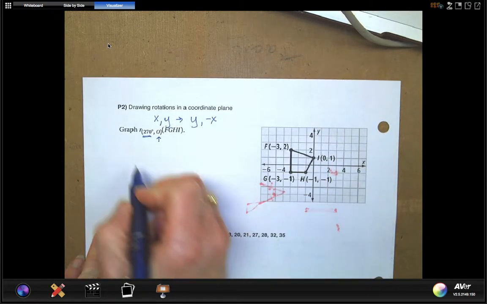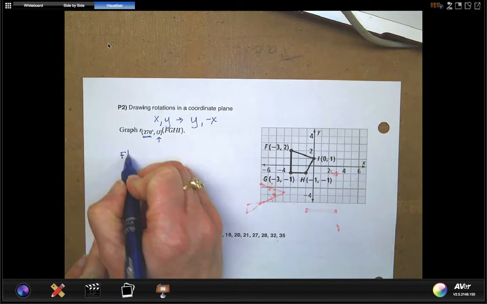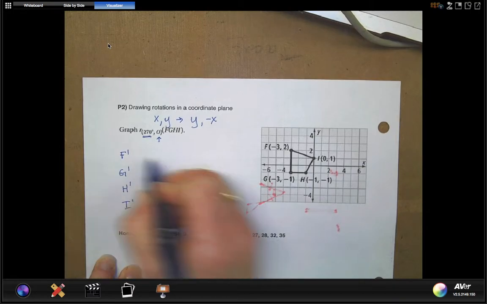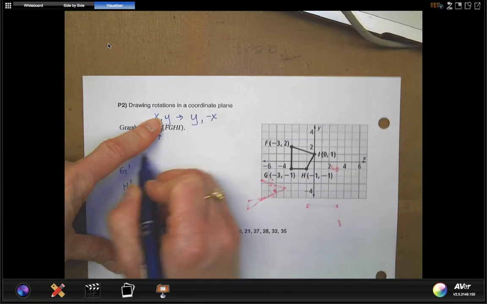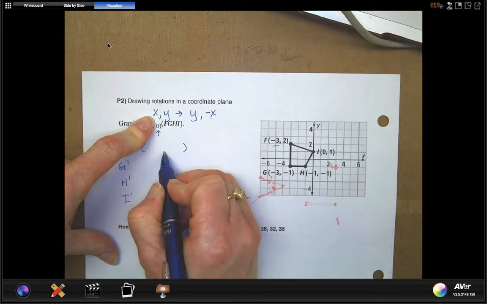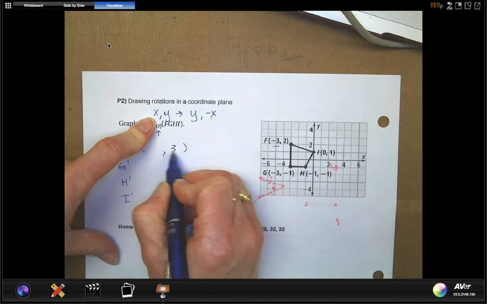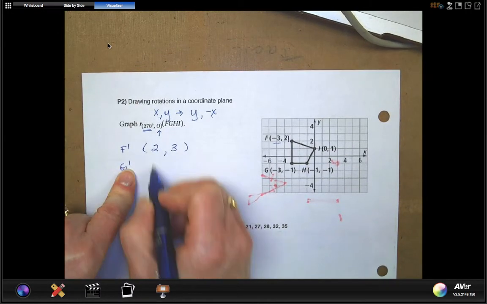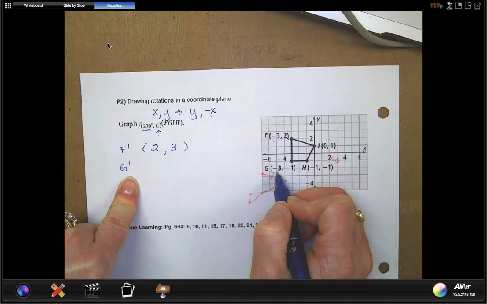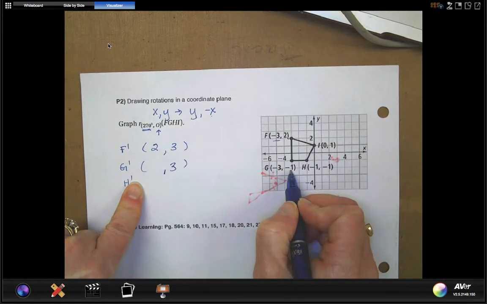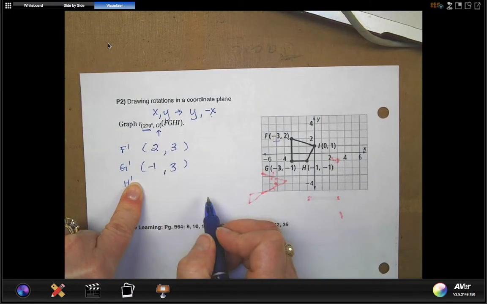What I would do here, for these new points, F prime, my x, this is negative 3, becomes my y, but I have to change the sign, and my y becomes my x. My G prime, my x becomes my y, but I change the sign, and my y becomes my x.